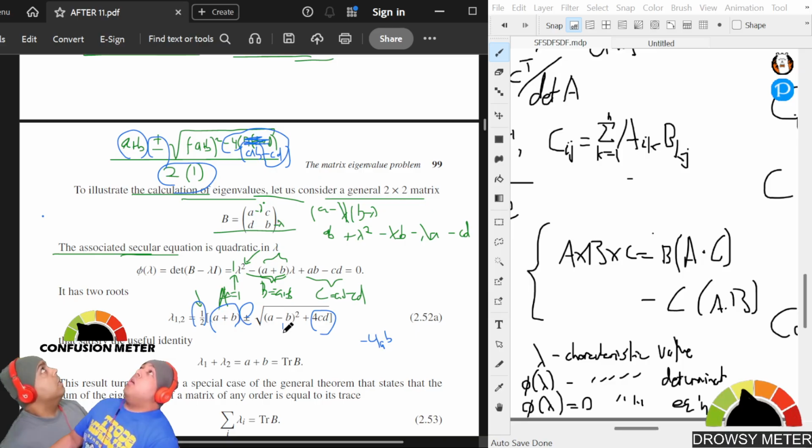A minus b squared is what? A squared minus b squared minus 2ab? Minus a plus b squared, minus a minus b squared equals a squared plus b squared.